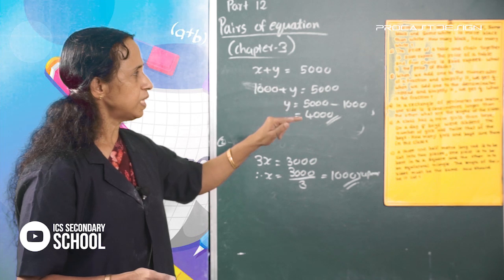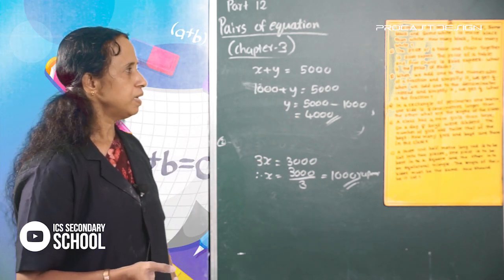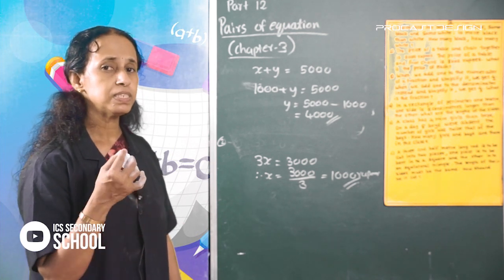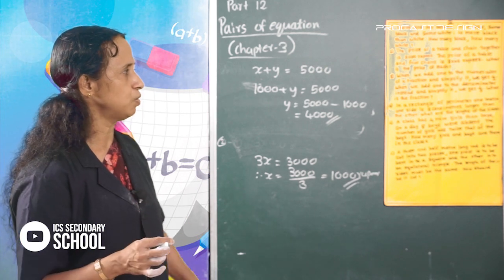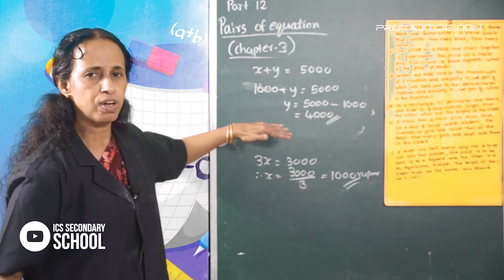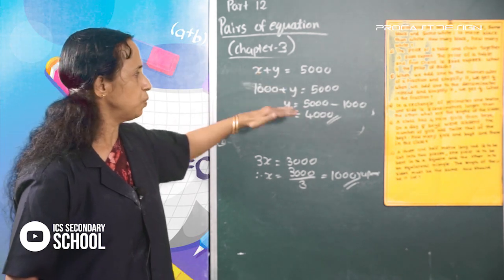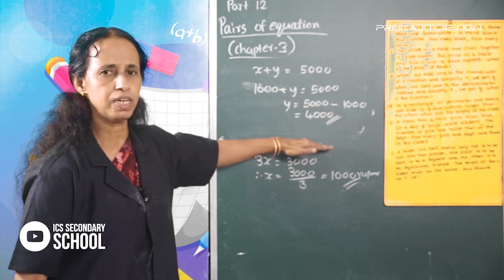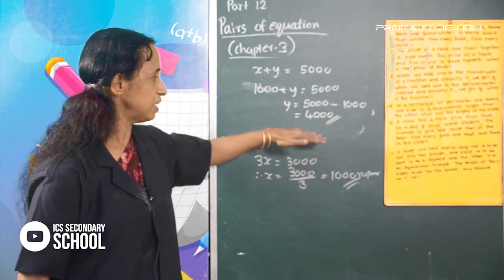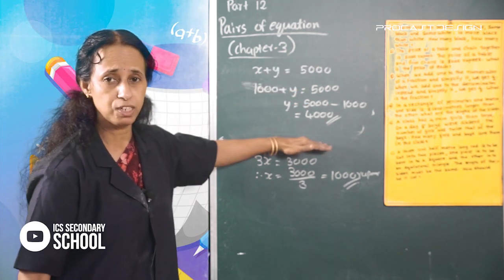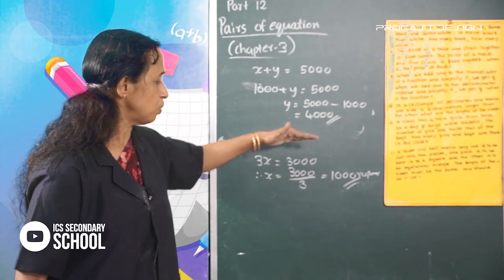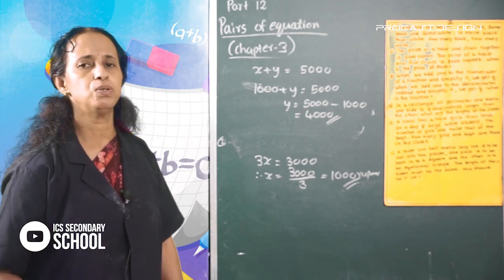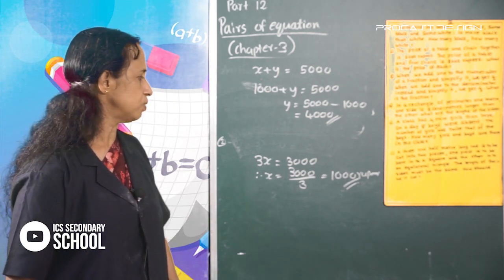Next, the price of a table and 4 chairs is 8,000 rupees, so 4x plus y is equal to 8,000. 4x minus x is equal to 3x, so 3x is equal to 8,000 minus 5,000, which is 3,000. X is equal to 3,000 by 3, which is equal to 1,000 rupees. The price of a chair is equal to 1,000 rupees.